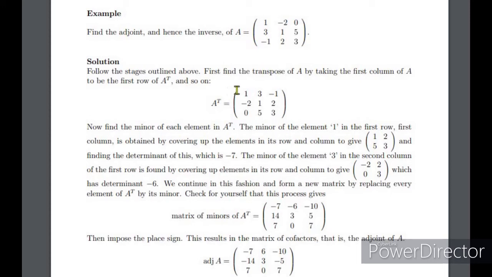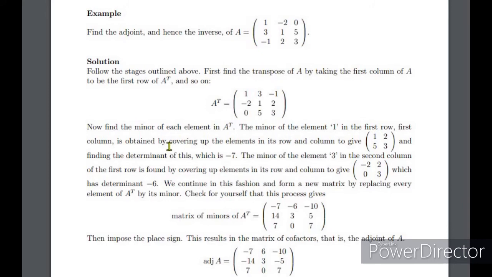First, find the transpose of the given matrix A by taking the first column of A to be the first row of A transpose, and so on. When we get the transpose, you notice that the first row, which is 1, -2, and 0, becomes the first column. The second row becomes the second column. The third row becomes the third column. So that is the transpose.